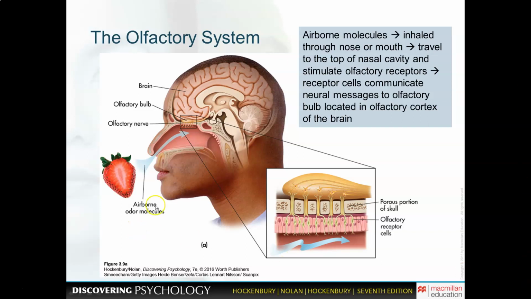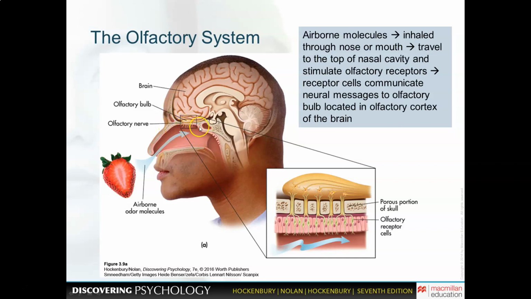This is pretty simple. So basically, we smell by first sensing airborne molecules in the air, odor molecules. So this strawberry is actually allowing odor molecules to go into the air. Then we breathe those in, and those go up into our sinuses, and these reach what's called our olfactory nerve.